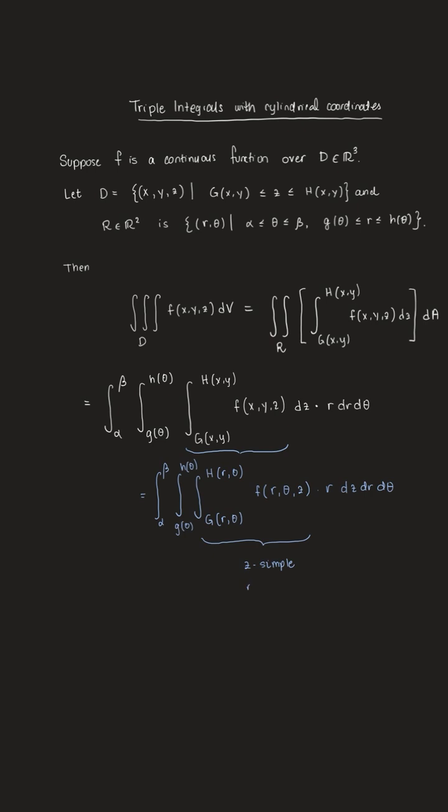Then we're going to do r simple for our region on the xy plane, and then we will bound theta. So this is for our region in R3. And once we define z simple, we can take r simple for our region in the xy plane.